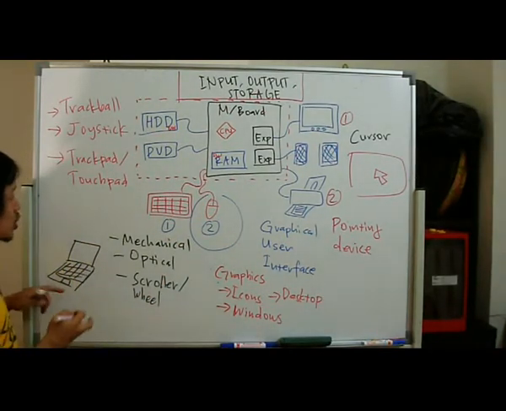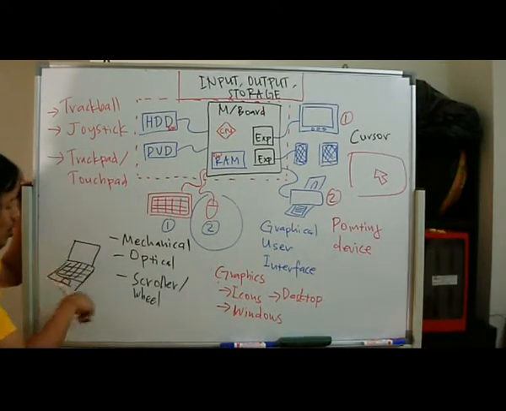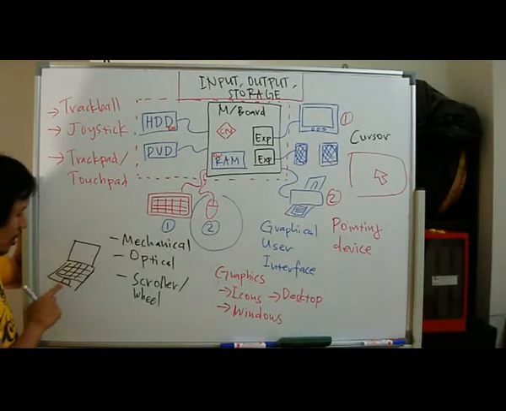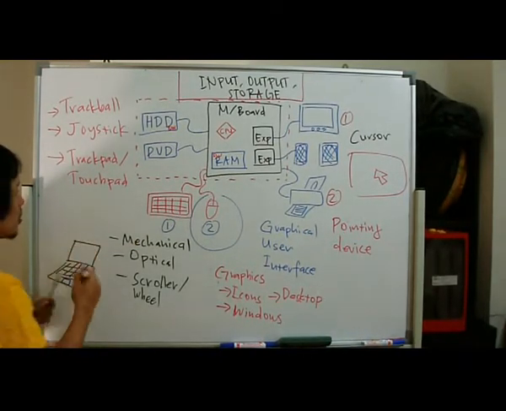And that part is called a trackpad or touchpad, right? So it's a touch sensitive area on a portable device using a laptop, which you use to control your cursor. That is a trackpad or touchpad.